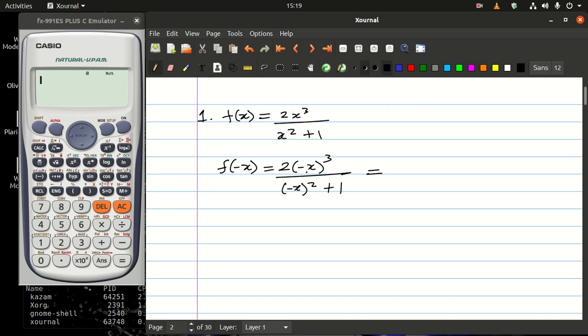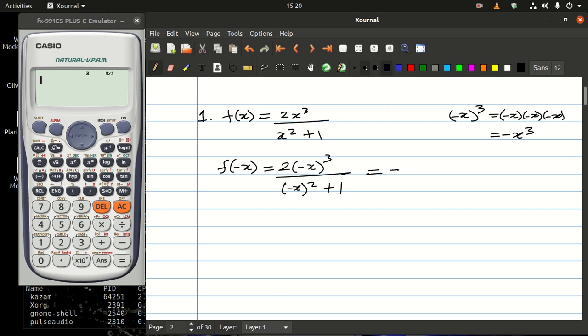Remember that if you have minus x cubed, this is minus x times minus x times minus x, which is the same as minus times minus is positive, times minus is minus x cubed.